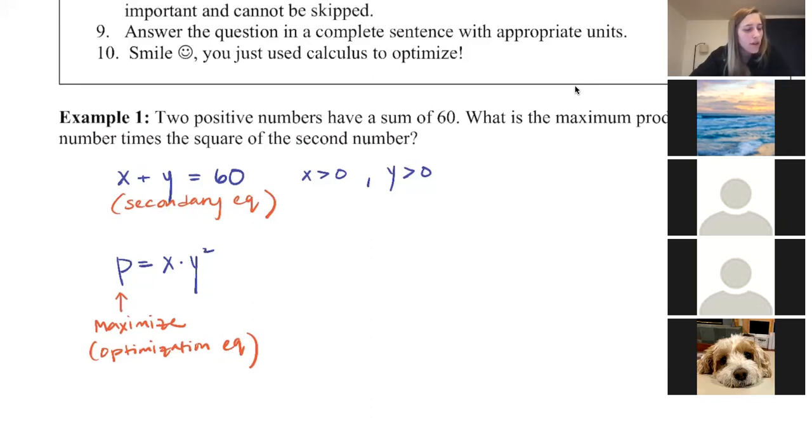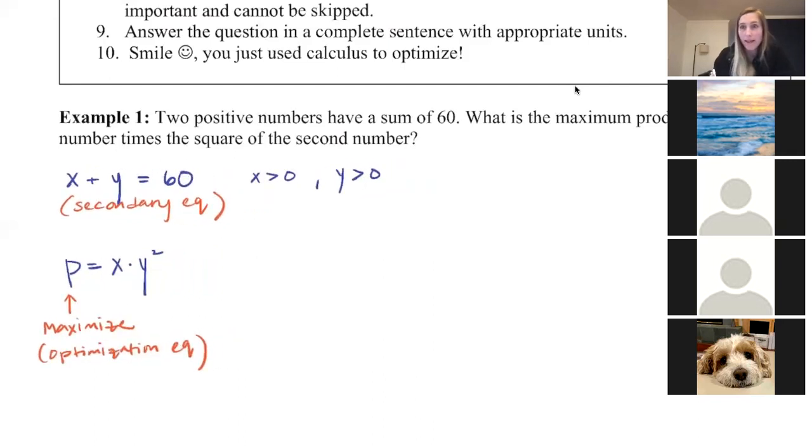So we could solve for x or y from our secondary equation and then rewrite our optimization equation. Are we following what I'm saying?